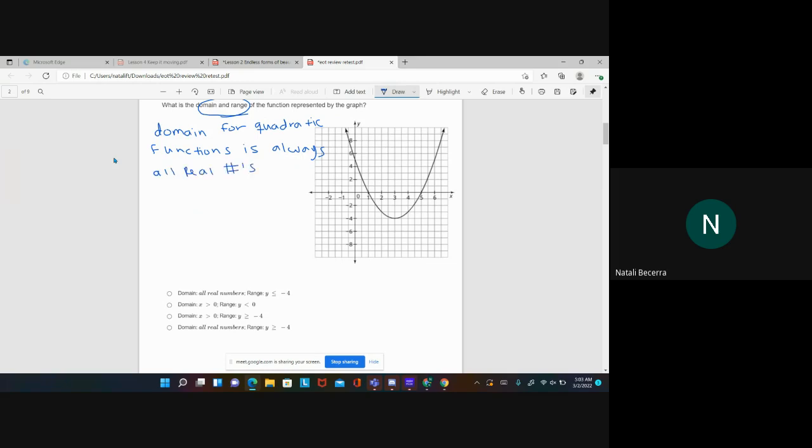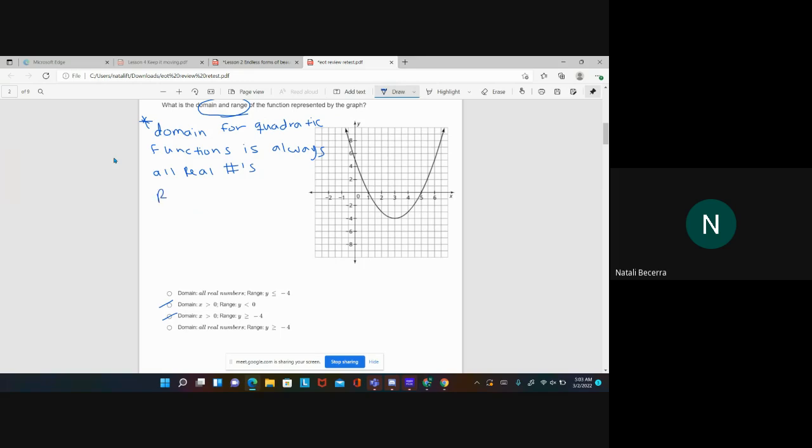Unless it's a word problem, okay? This is for if it's a graph. If it's a word problem, it's a little bit different. So this is always going to be true. This is really important for you to know. That means that if we look at our answer choices, I can eliminate B and C, right?